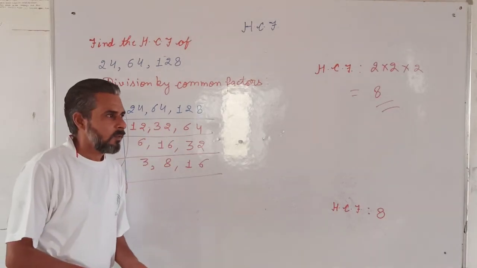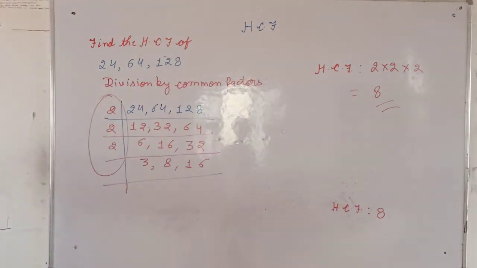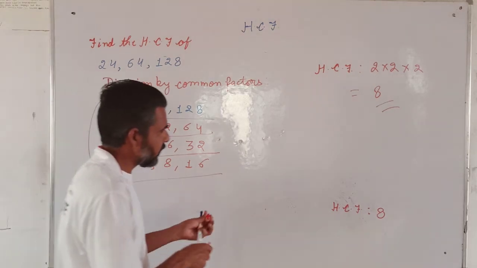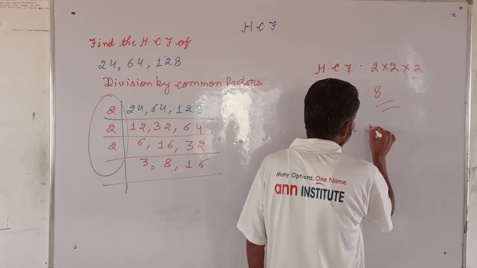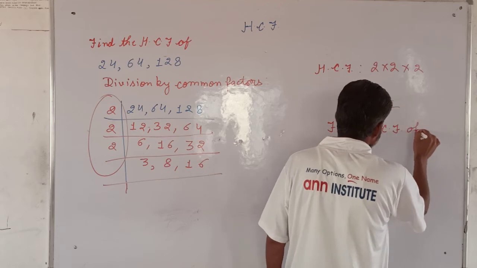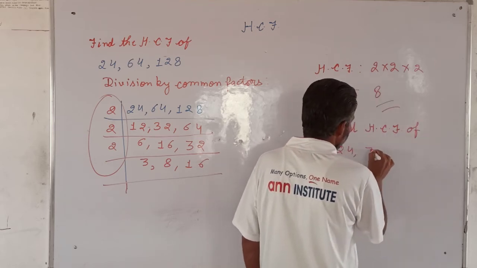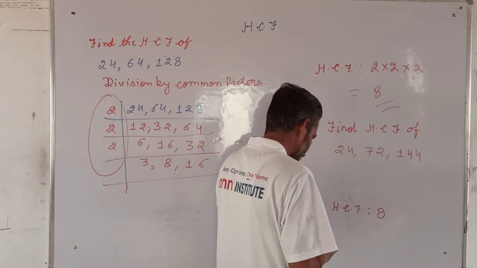So stay tuned and try to practice the questions. I will give you one more question for practice, that is, you have to find the HCF of 24, 72 and 144.